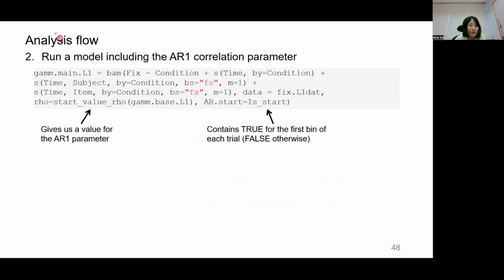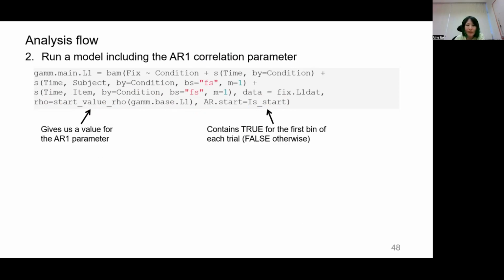In this model, everything up to this point is the same. But here we have the value for the autocorrelation parameter, and that is included in the model using this bit of code. And then this is just specifying the first bin in the data.